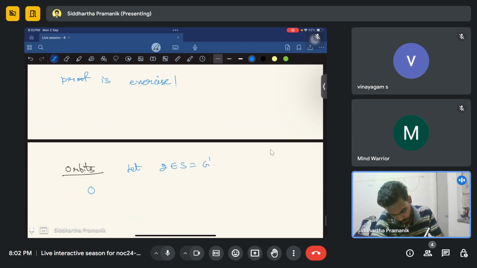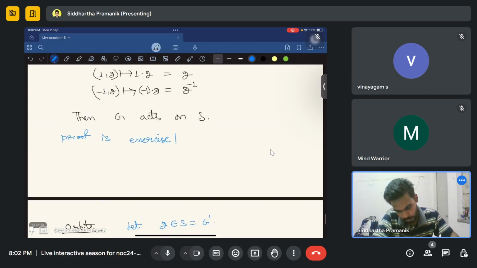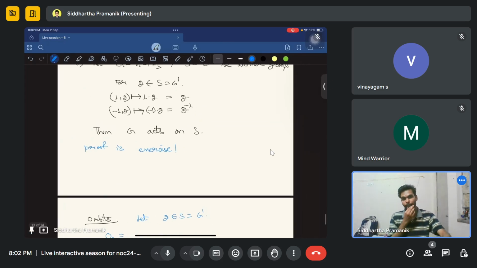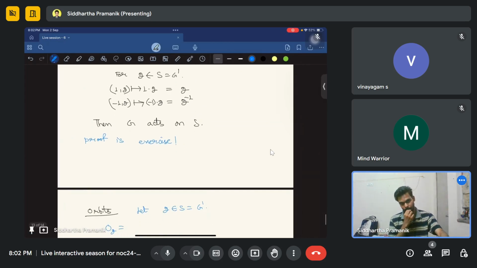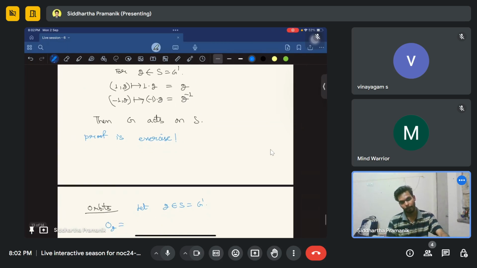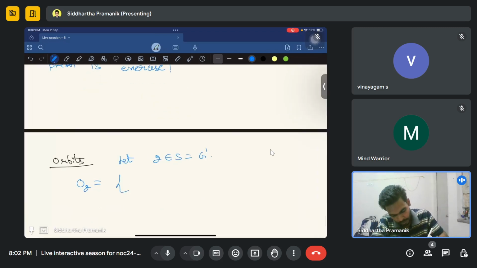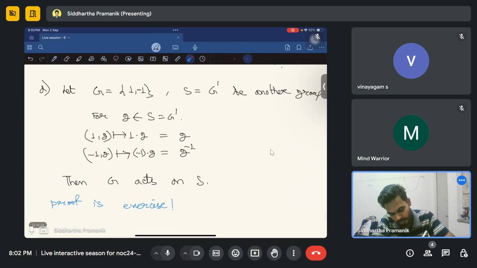Then what is the orbit of g? Can you say this one? So by definition, it is just 1 dot g and minus 1 dot g, because our group has only two elements.